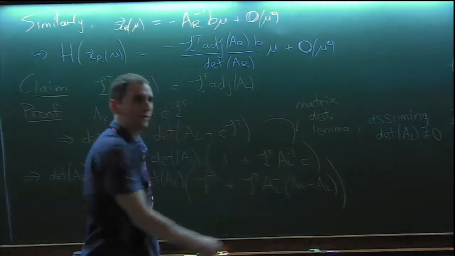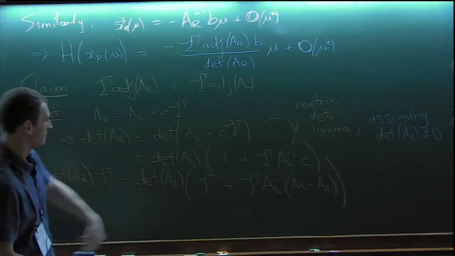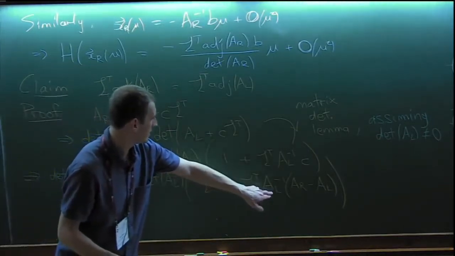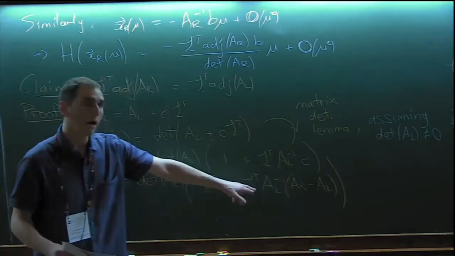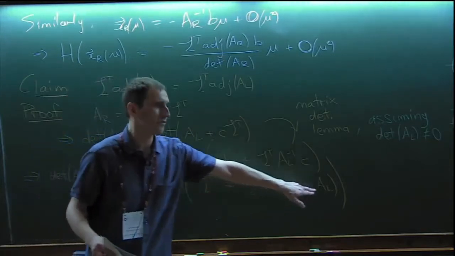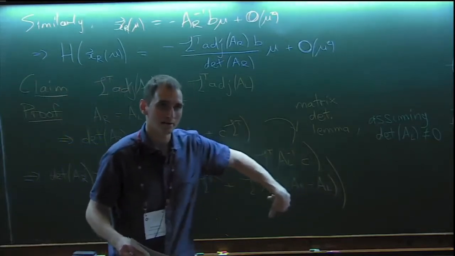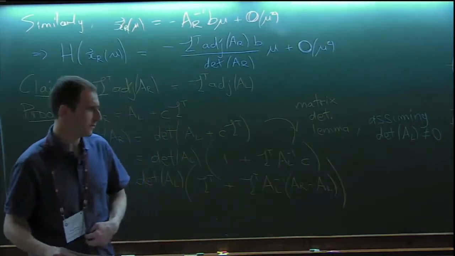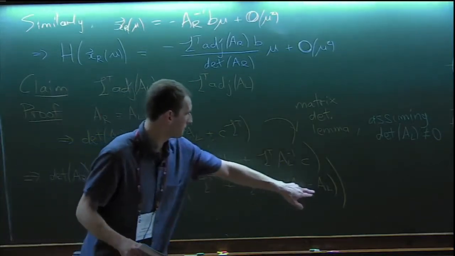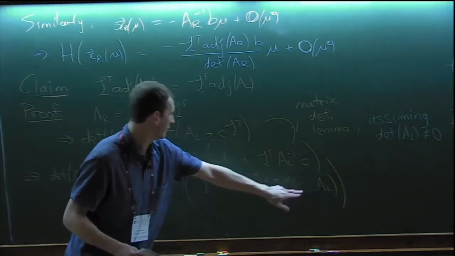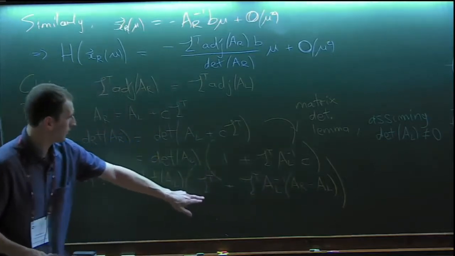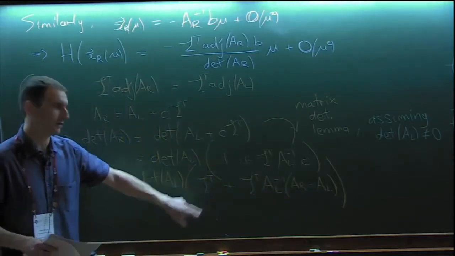Well, we can expand these brackets. So I'll have an AL inverse times AR. I'll also have an AL inverse times AL, and so those will turn into the identity matrix. It would give me a minus zeta transpose, which will cancel with the zeta transpose that's here.